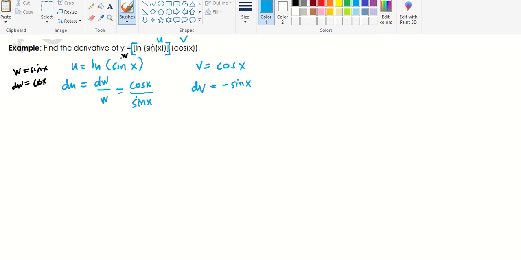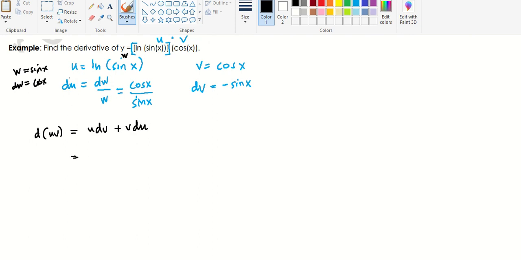Ngayon, since ito ay uv, or should we say yung ating pong product rule, kasi magkadikit lang sila, so gagamitin natin ang product rule. Ang product rule natin states that if we have uv, the derivative is u dv plus v du. Alright?